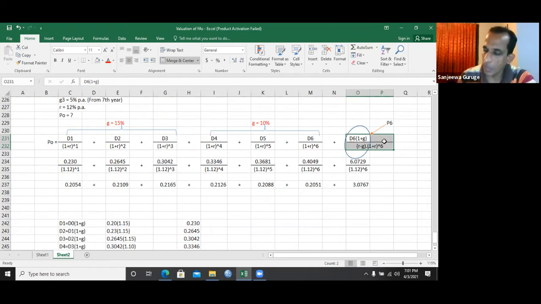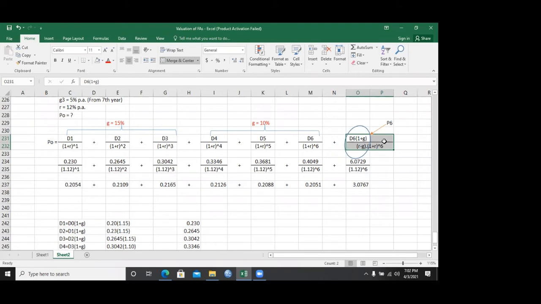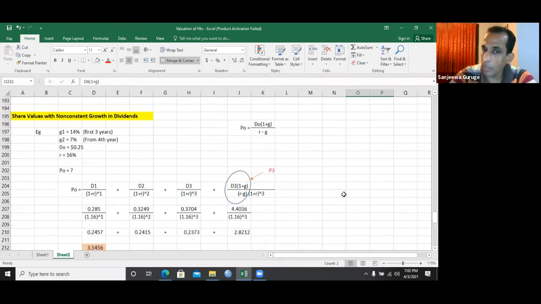Now in this example, constant growth starts from the 7th year. When you apply the constant growth model to any period, you are getting the value at the beginning of that period.